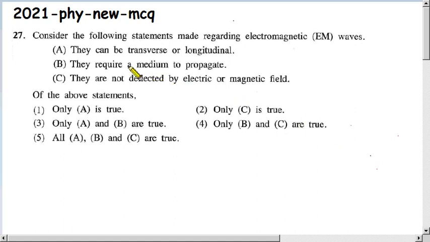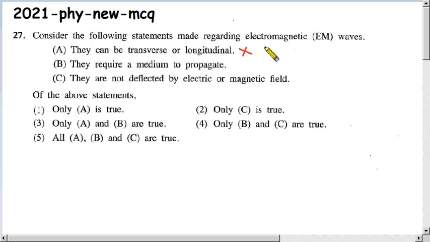So the first statement: they can be transverse or longitudinal. They are talking about electromagnetic waves. Electromagnetic waves are always only transverse. They move like ripples on a water surface, transverse waves. So the statement that they can be transverse or longitudinal is wrong. They can only be transverse.